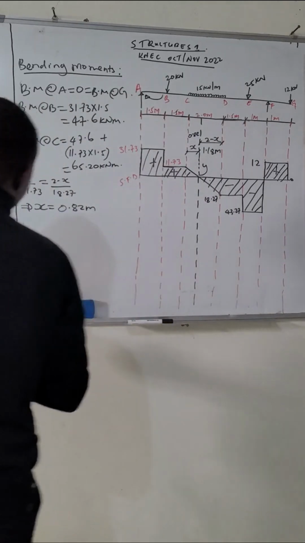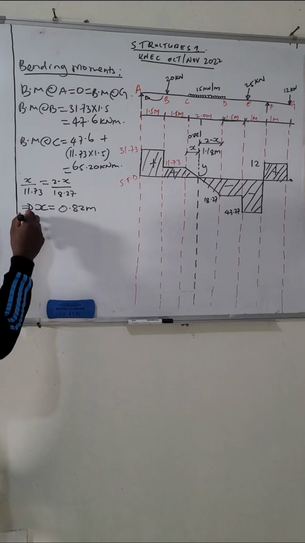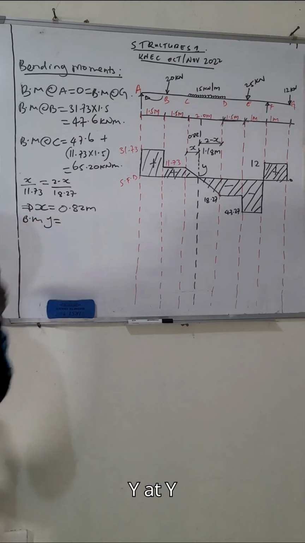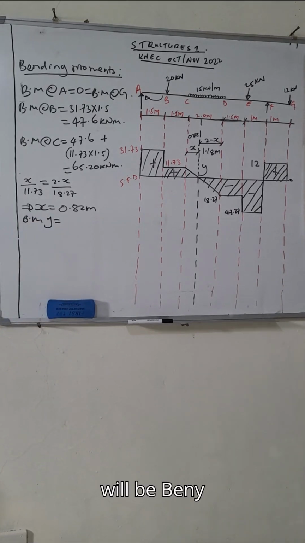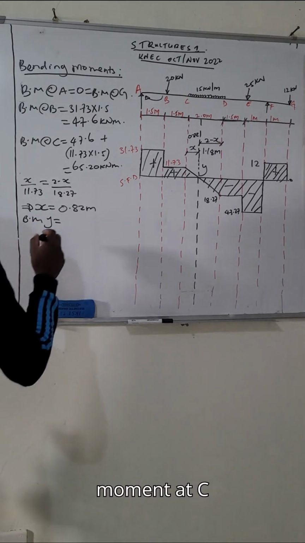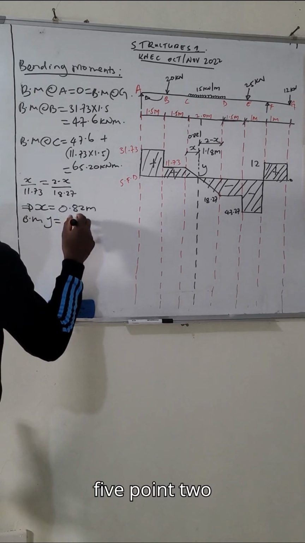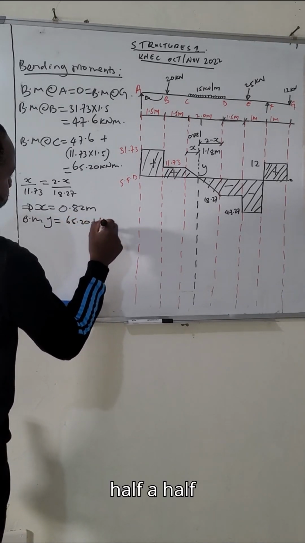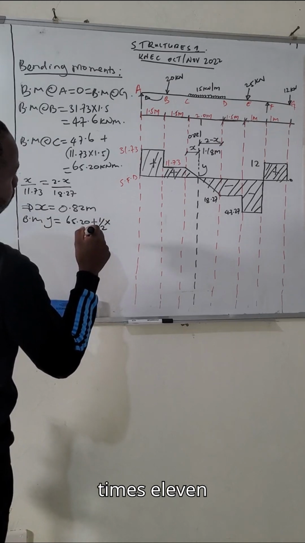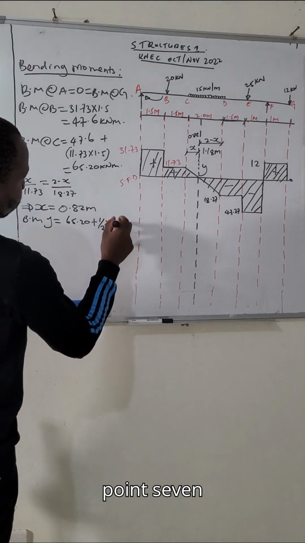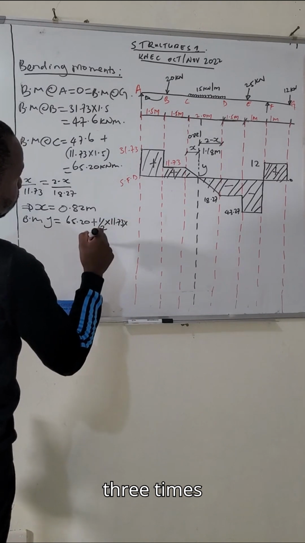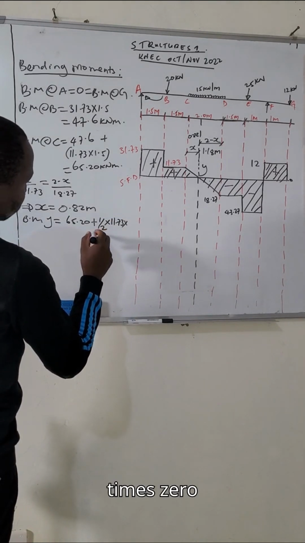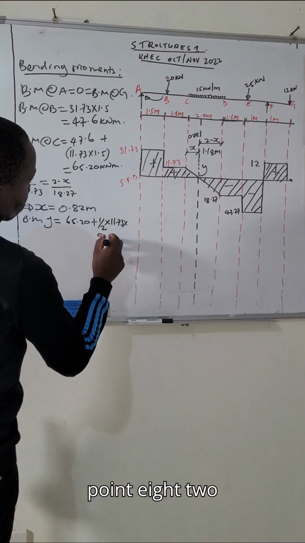So bending moment at Y will be bending moment at C, which is 65.20, plus a half times 11.73 times 0.82.